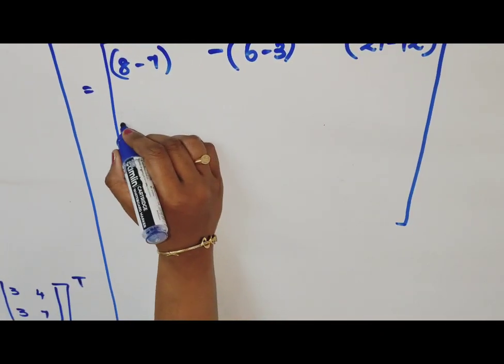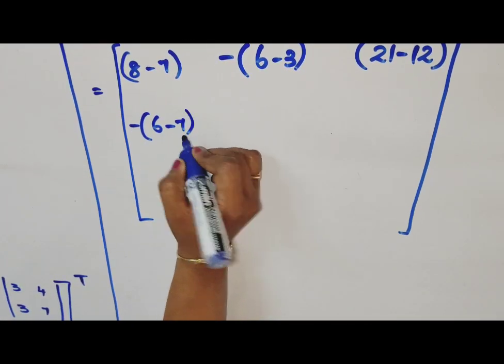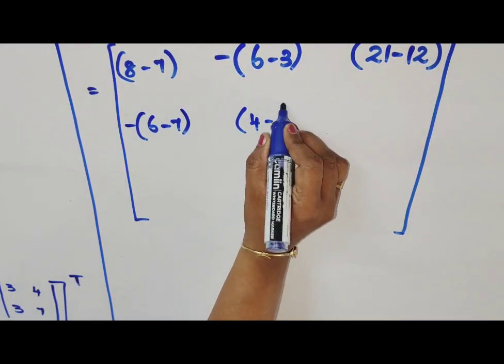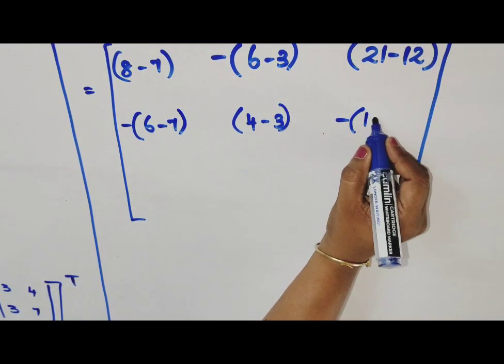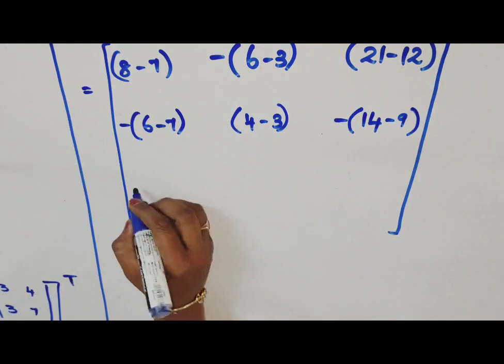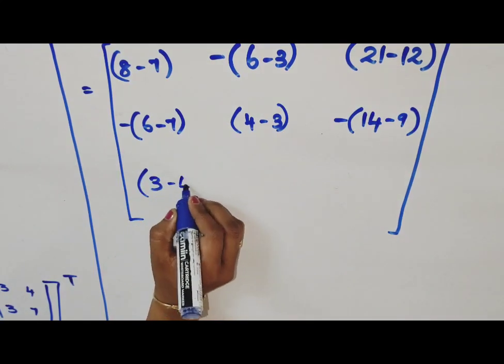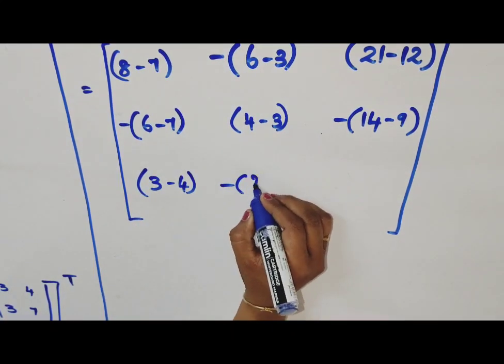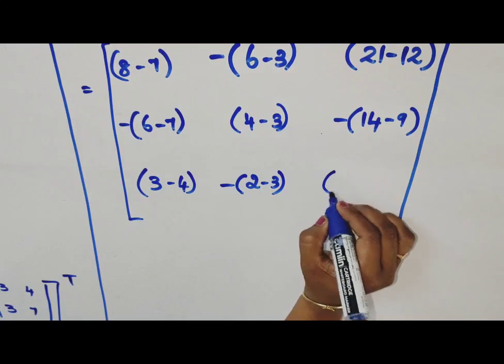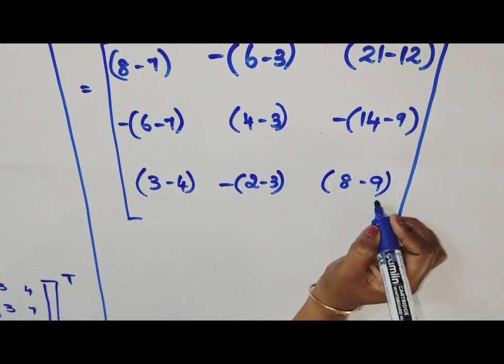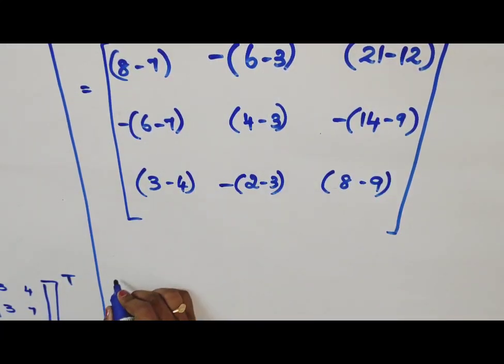Next is minus of 6 minus 7, 4 minus 3, minus of 14 minus 9, 3 minus 4, minus of 2 minus 3, next is 8 minus 9, and we have to take the transpose finally.